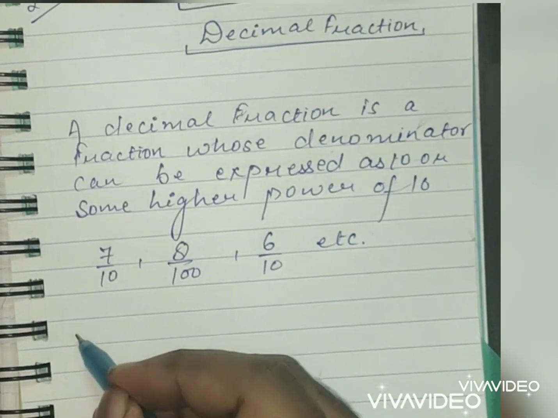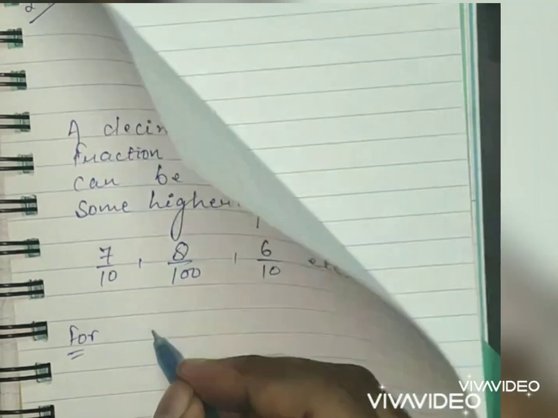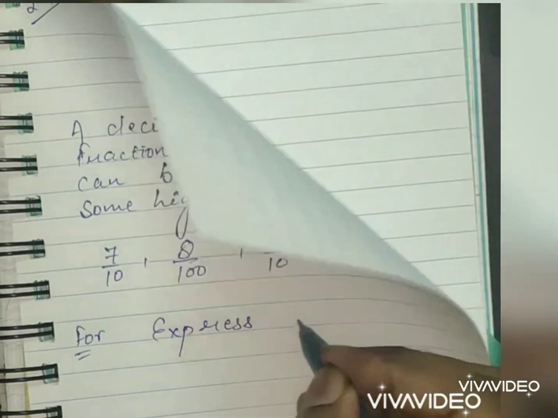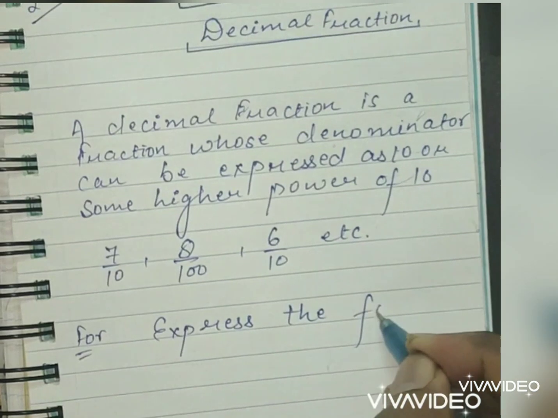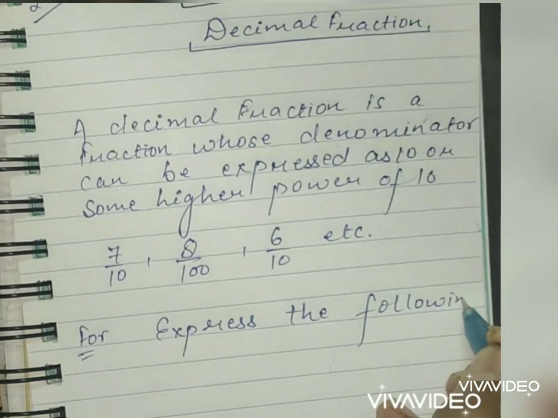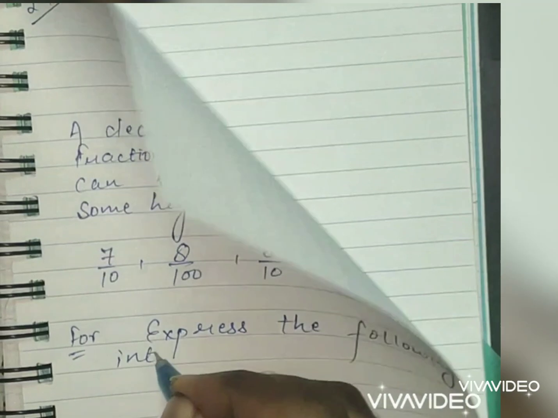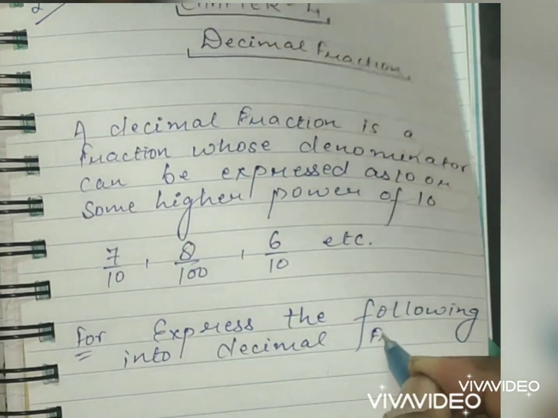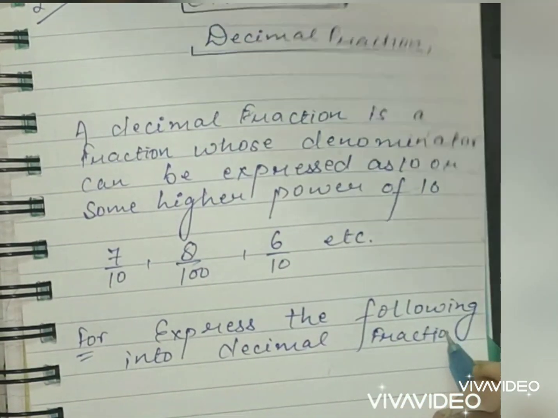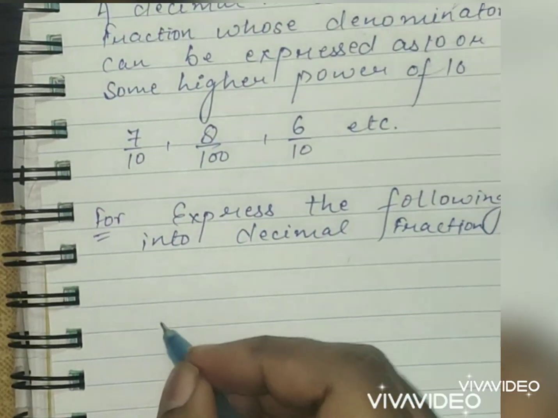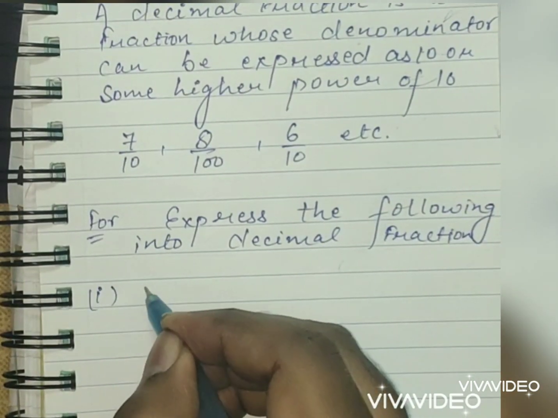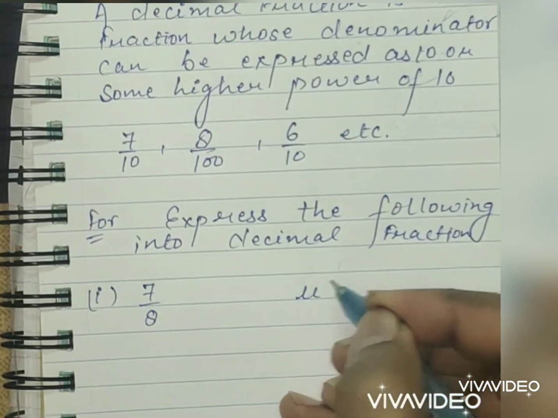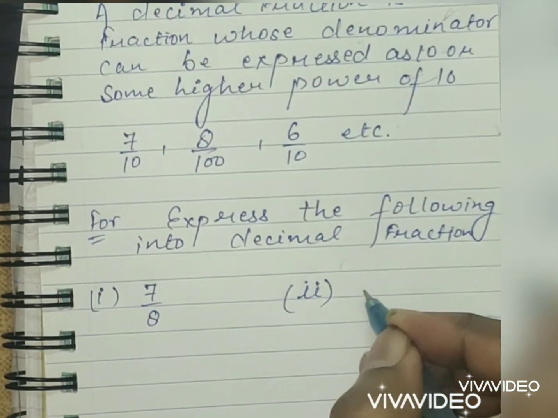Now, for example, if a question is asking, express the following fraction into decimal fraction, and the fractions given to you are 7 upon 8 and 3 upon 5.